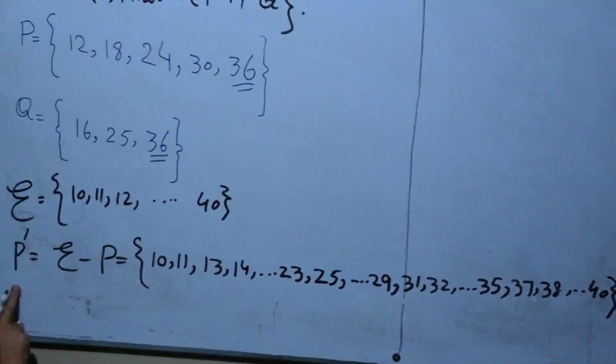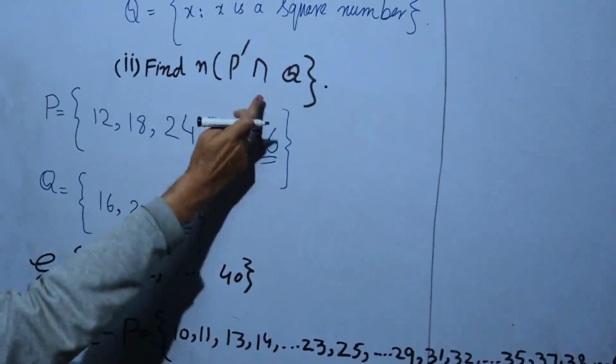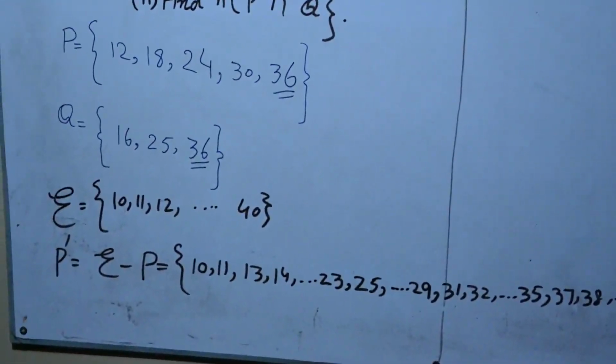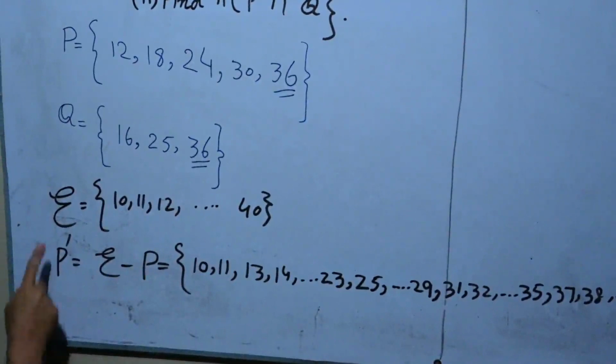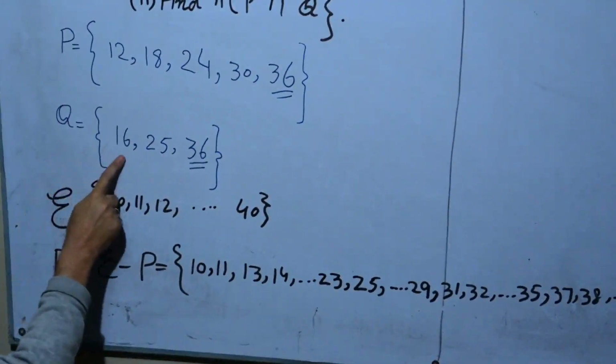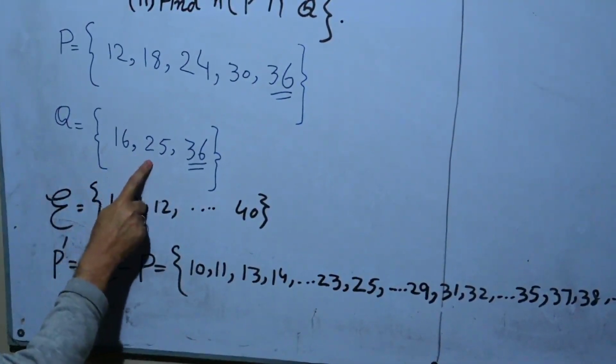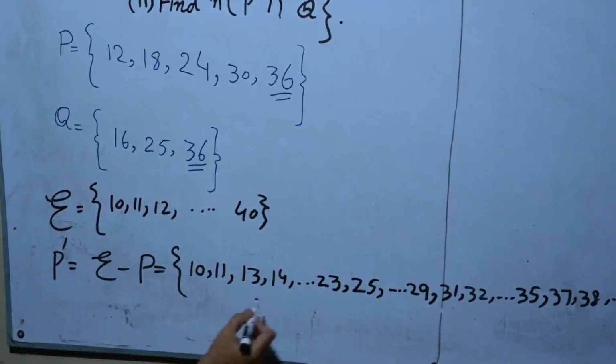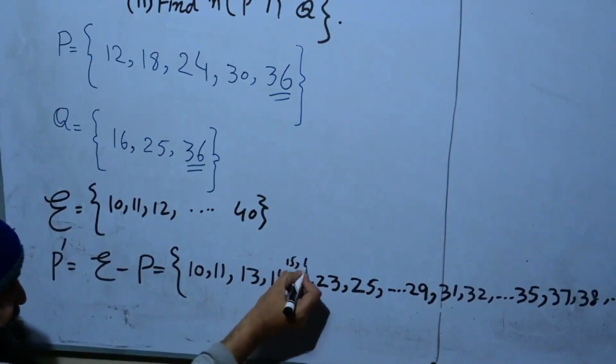Now we have to find the P complement intersection Q. Intersection means those elements which are common in P complement and Q. Q is 16, 25, 36. Which are common? Look here, 14, 15, 16 will be here.